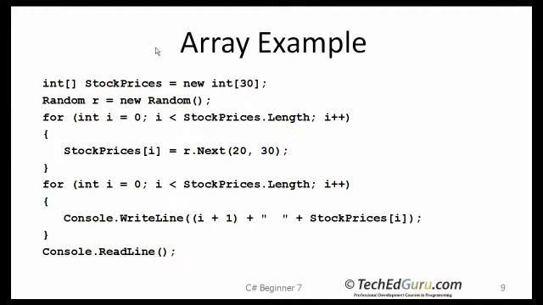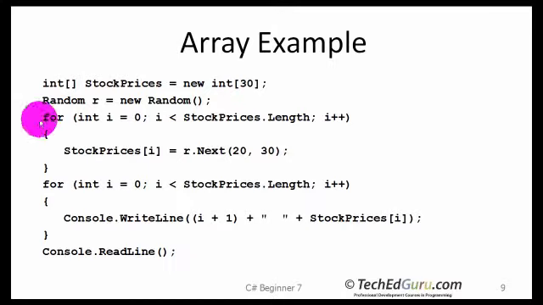Here is another array example, and I want to show you how you can use loops with arrays. So again, I'm using this random object, which I will use to generate random numbers. I have created an array called stockPrices, which has 30 elements, all of the type integer.